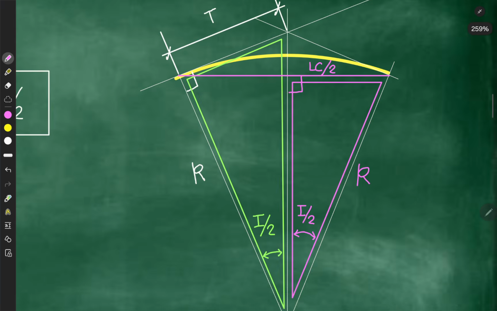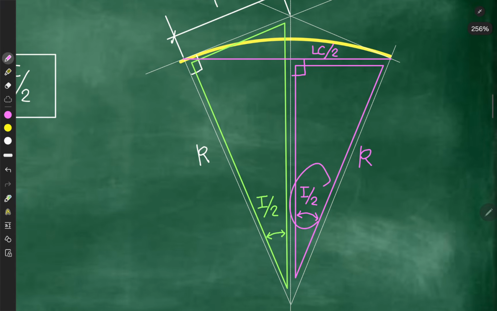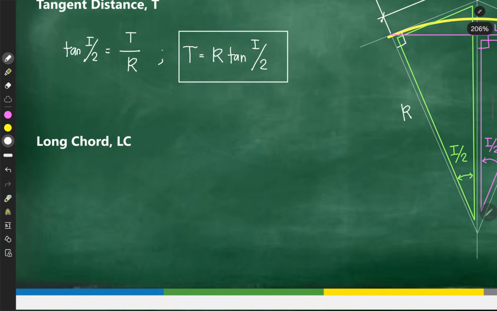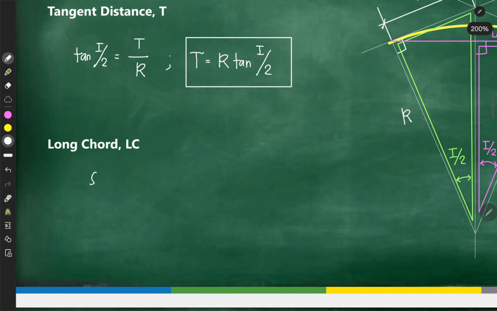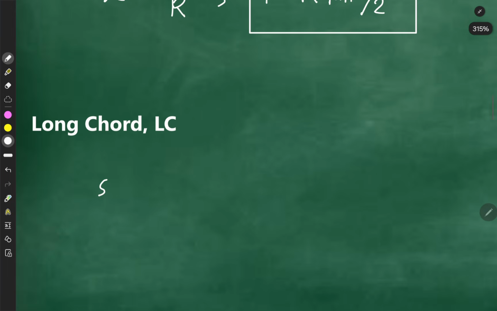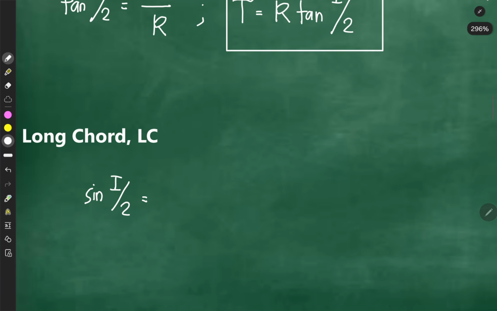So, ano naman yung pwede natin gamitin dito as trigo function? LC over 2 over R. Or this is R. So, this is just sine function. Tama ba? Sine angle is equal to opposite over hypotenuse. So again, sine I over 2 is equal to opposite, which is half of the long chord, over hypotenuse, which is the radius.